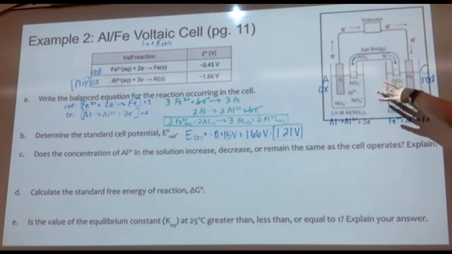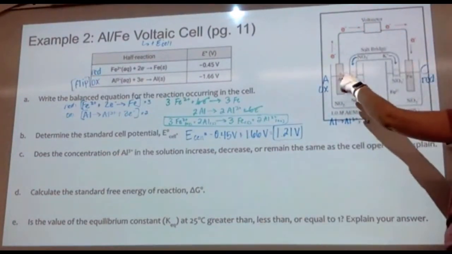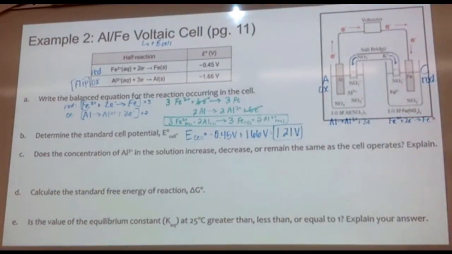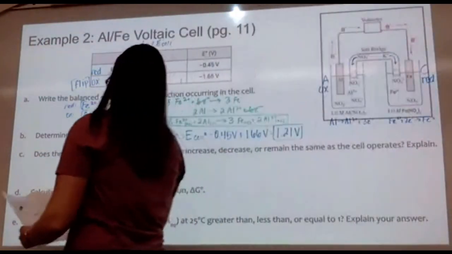We have our cation and anion moving in the cell bridge. So as the cell runs and runs and runs, Al is producing Al3+. So does the concentration of Al3+ increase, decrease, or remain the same? You would expect it to increase.